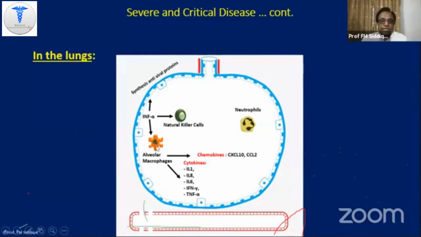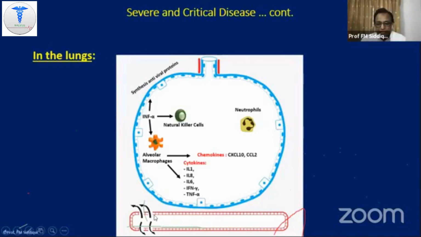Now, this macrophage doesn't get any inhibitory signal from the natural killer cell and from other cells. So what happens? They continue to produce cytokines: interleukin 1, 8, 6, interferon gamma, interferon alpha. Once these cytokines are released uncontrolled, they cause dilatation of the alveolar capillary.